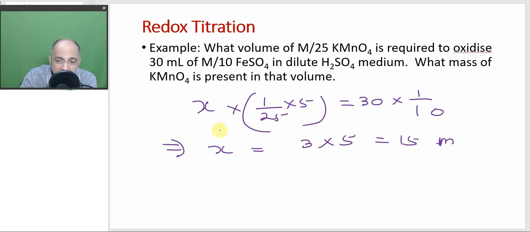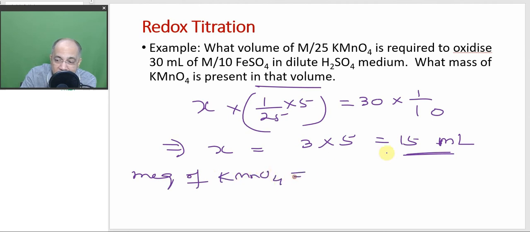Now it is asking what mass of KMnO4 is present in that volume. That means 15 ml. Since we have already done, the milliequivalents of KMnO4 is 15 ml into 1 by 5 normality.